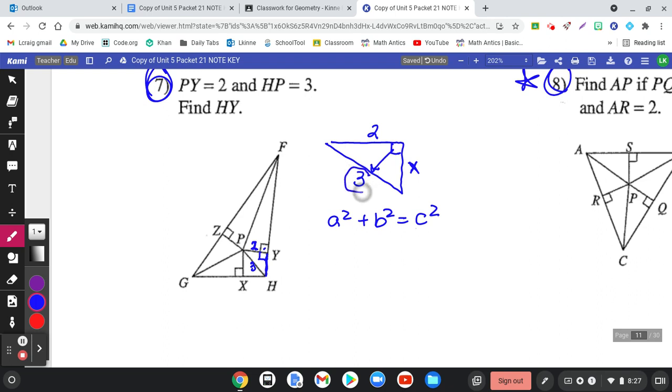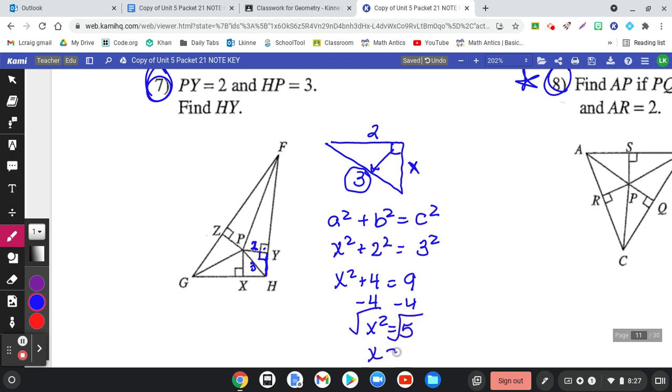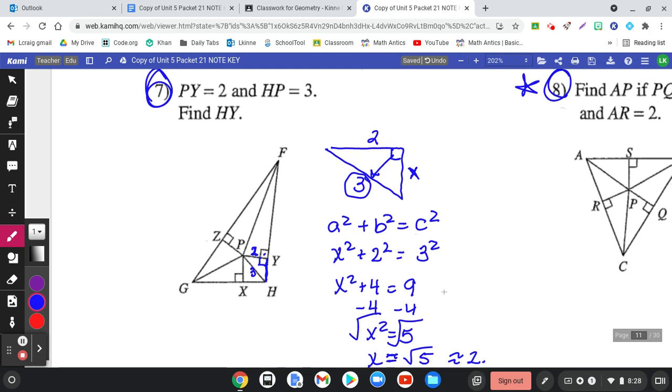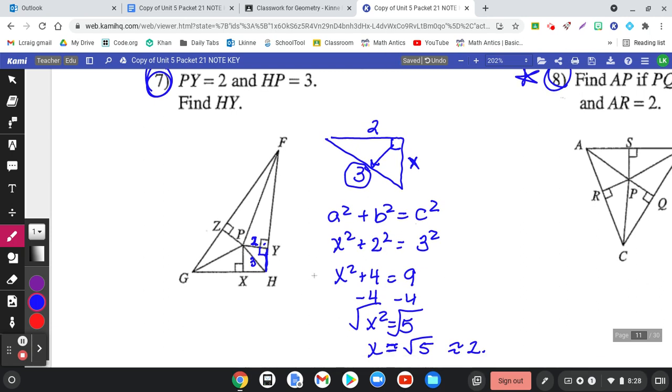Whatever number's across from your right angle is your C. So we're going to do x squared plus 2 squared equals 3 squared. So we have x squared plus 4 equals 9. And then to get x by itself, we'll subtract 4. And then to get rid of the squared, we'll take the square root. So x equals the square root of 5. If you put it into your calculator, you get 2 point something, but we can leave it. All right, so once in a while, you might have to use some Pythagorean theorem.